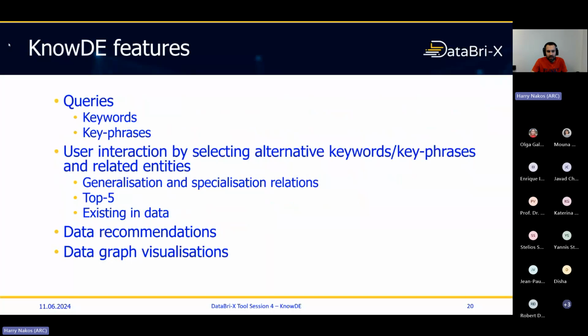And the important part is that these terms should be existing in the data underneath. We will see in detail the data recommendations that KNOwDE produces, and we also see what data graph visualizations are supported.